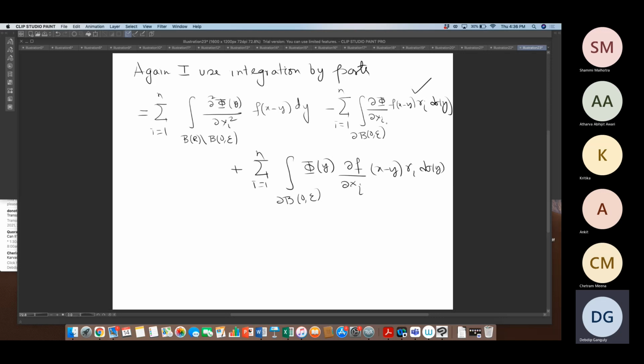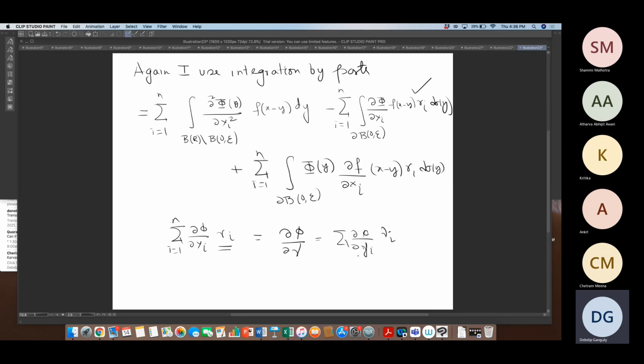So del f by del y. So what will be this? Del phi by del y_i, nu y, i equal to 1 to n. What will this be equal to? Del phi by del nu. This is the ith component, every component will come. Del phi by del nu is nothing but the summation of del phi by del y_i into nu_i.